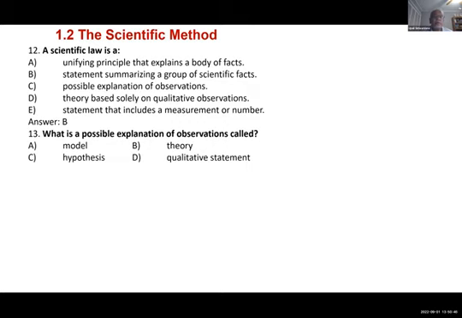Observation, scientific law. After that you get the hypothesis. That's the possible explanation. Therefore, what is the answer? A possible explanation of data is called a hypothesis.